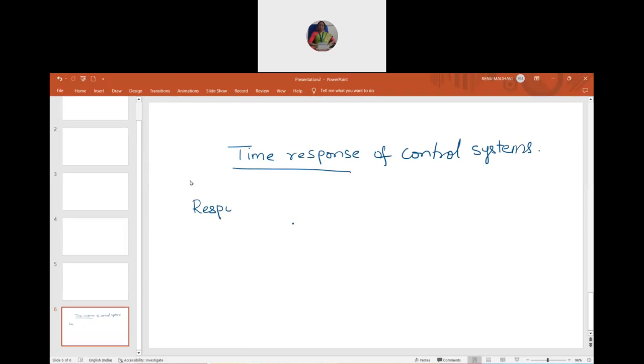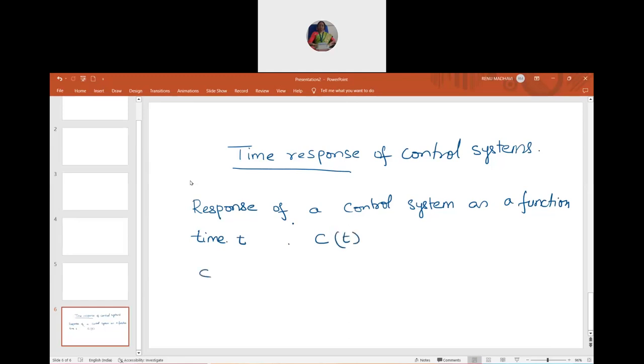It is the response of a control system as a function of time t. So it is represented as C of t.